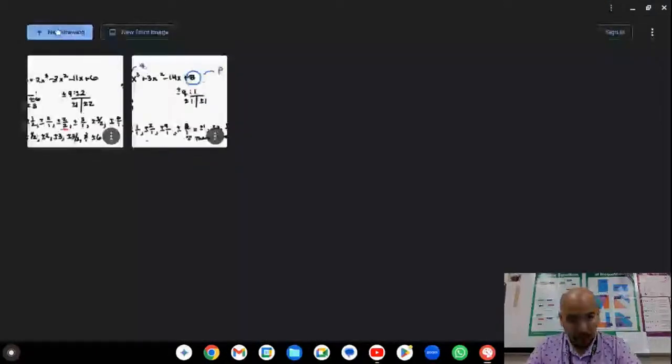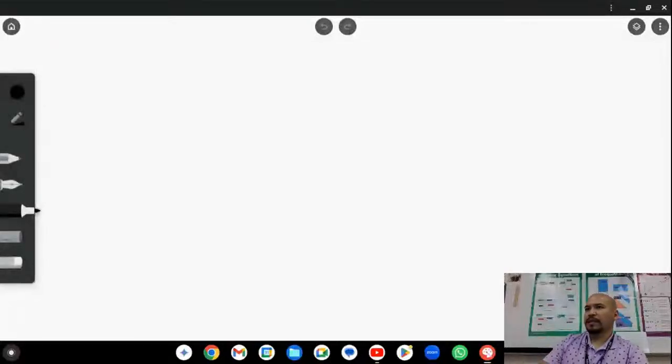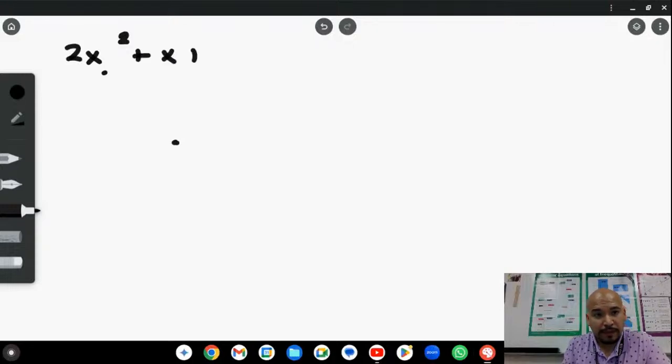So now let me talk about the last thing. Let's say I give you this example: 2x squared plus x plus 2. I'm just taking one out of my head.